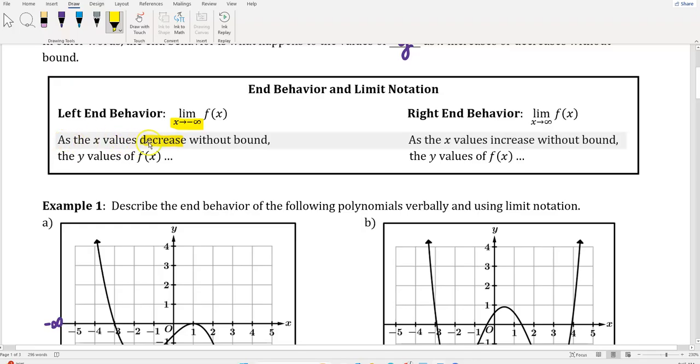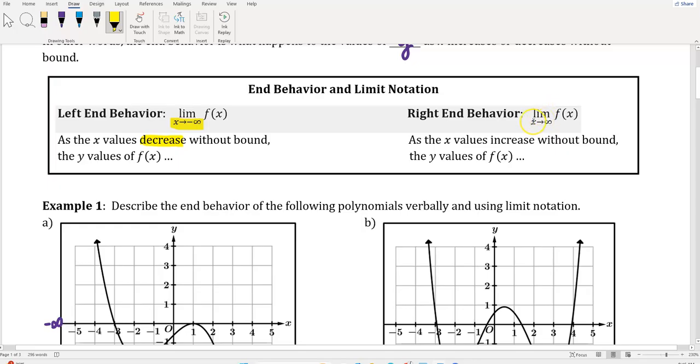As the x values decrease without bound, it just means the same thing. X values are going further and further and further negative. Then the y values of f of x do this or that, right? For the right side of the graph, notice we've got that same limit notation. It looks almost identical. What's the only difference between left side behavior and right side behavior?